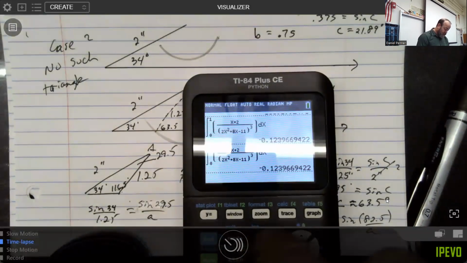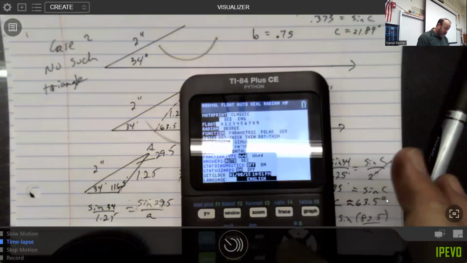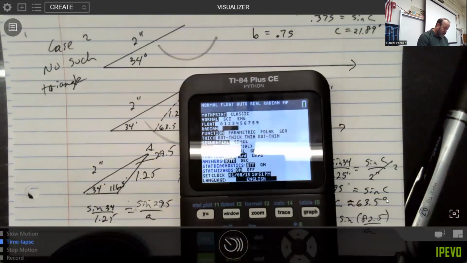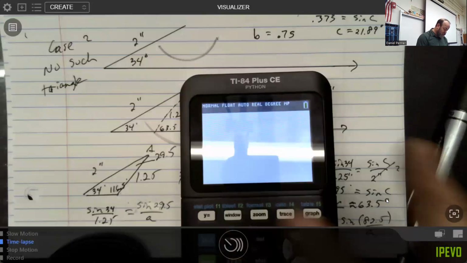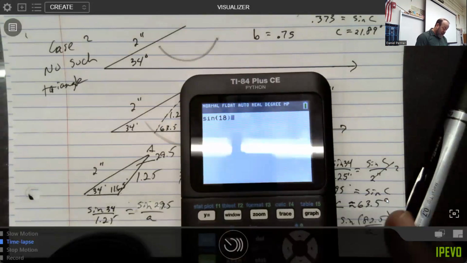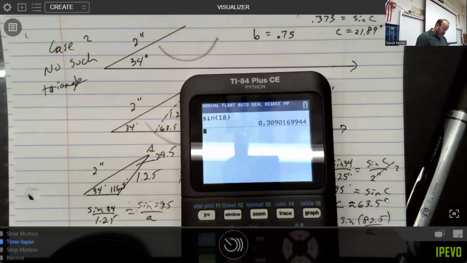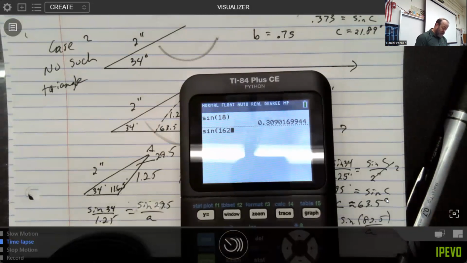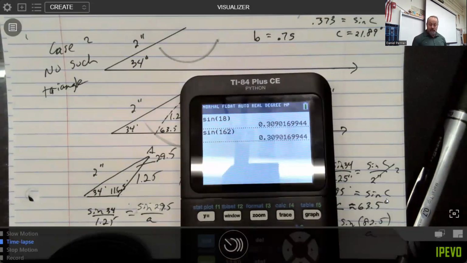In degree mode, what I want you to see is that if you took the sine of any angle and you hit enter, it is the same as its supplement. 180 minus 18 would be 162. And what you'll notice is you get the same answer.